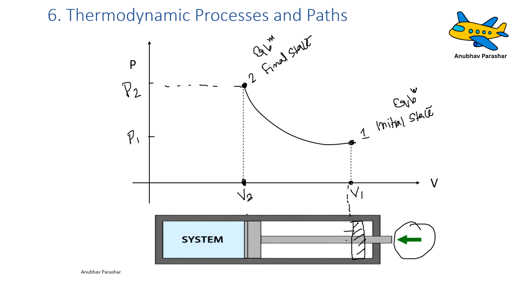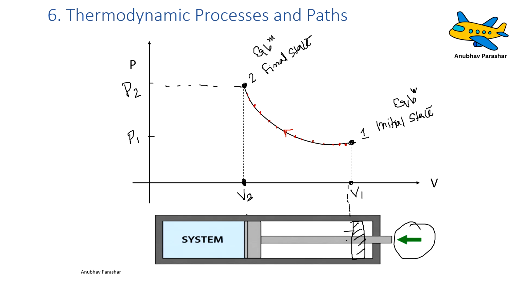And whenever this happens, we say a thermodynamic process has taken place. Whenever a system moves from one equilibrium state to another equilibrium state, we say a thermodynamic process has taken place. In between, you can imagine that the system will attain many different equilibrium states, right?